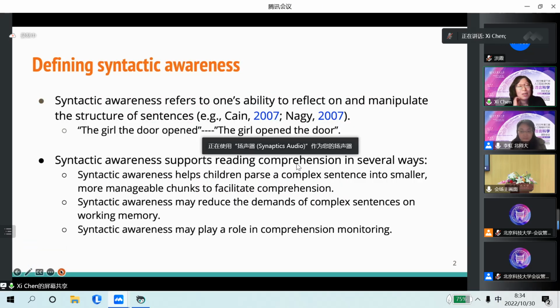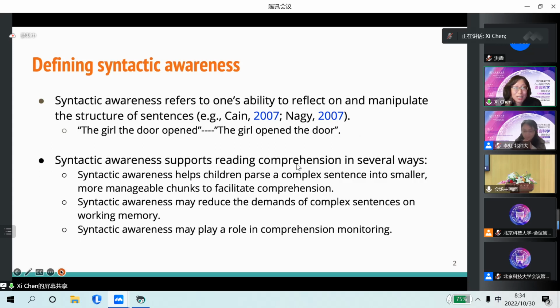Sorry about that. So I will start with a definition of syntactic awareness. I think it is an aspect of metalinguistic awareness. But among different aspects of metalinguistic awareness, I think people are more familiar with phonological awareness and even morphological awareness.